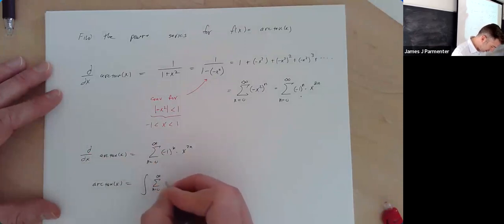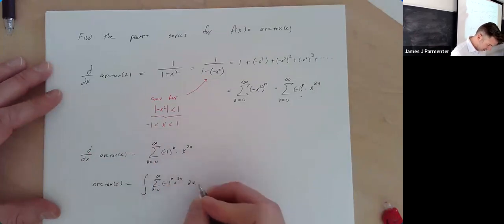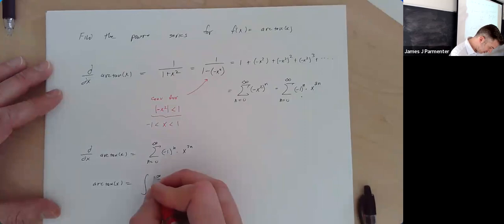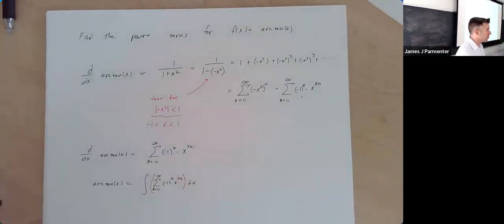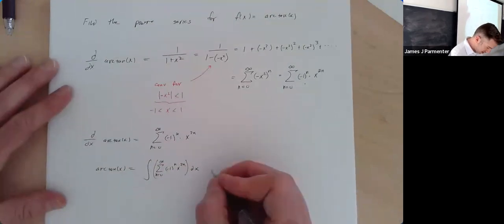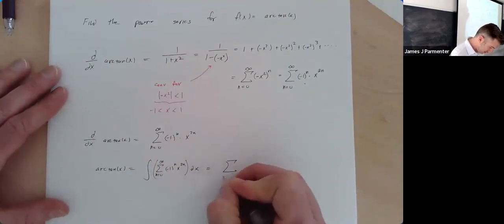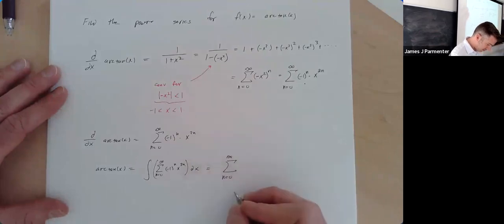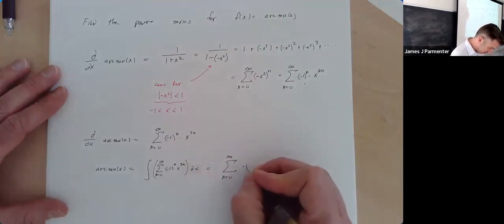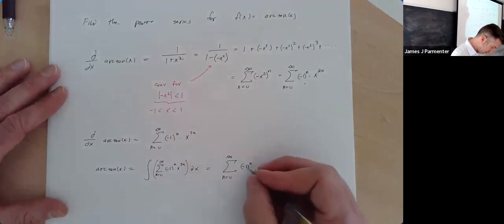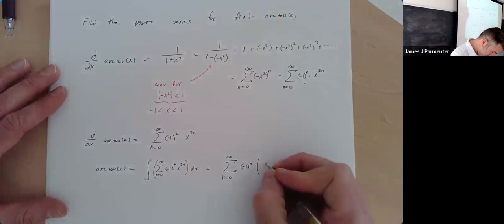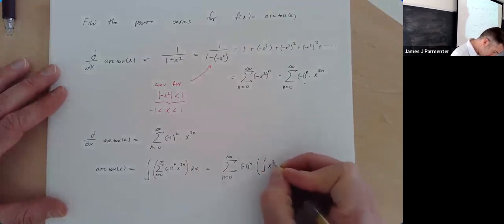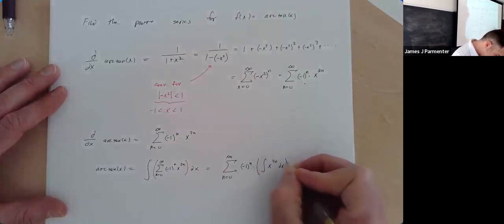And normally I would just kind of do the integral, but I want to point out your teacher might say something about how if you take the integral of the sum, you can pass the integral through the sum. So you can actually write this as the sum from n equals 0 to infinity of, I would even pass it through the negative 1 to the n, the sum of negative 1 to the n times the integral of x to the 2n dx.